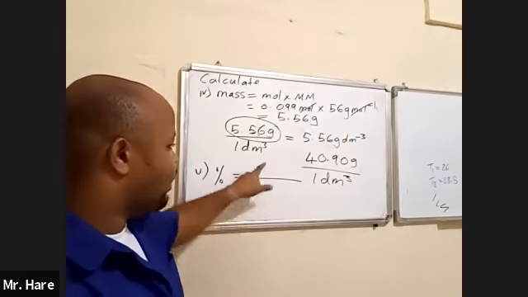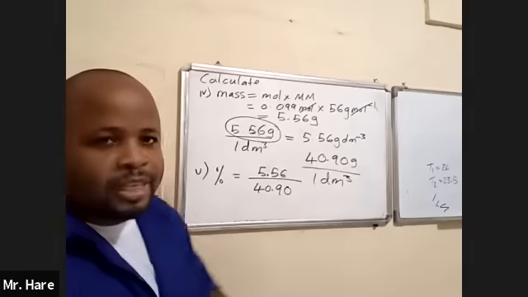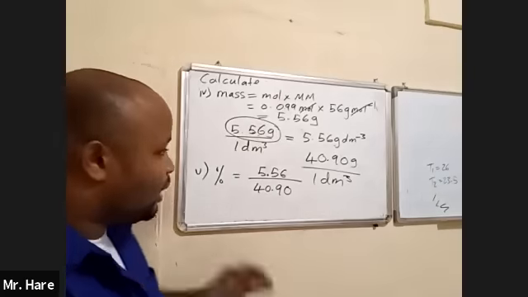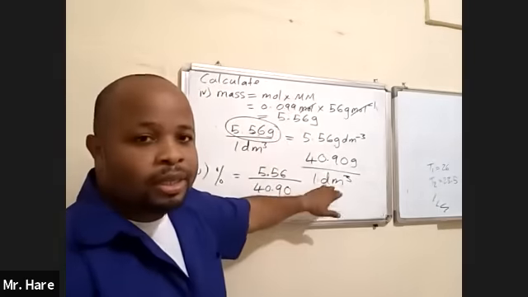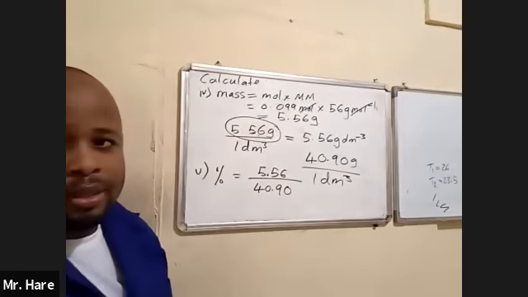So what should we divide? Sir, the 5.56 over the 40.90. That is correct. Even though it's the mass concentration, it is telling you the amount of mass that is present in one dm cube, so you just take out the mass and use it.